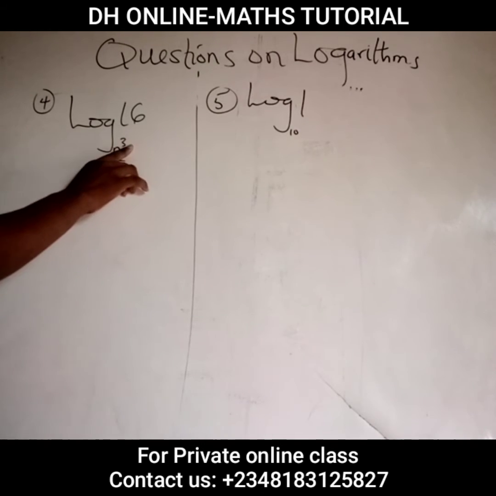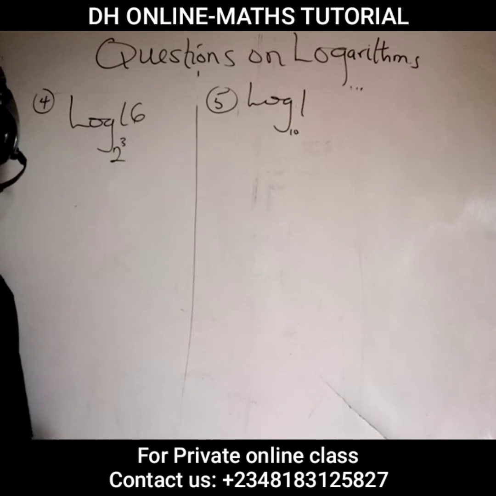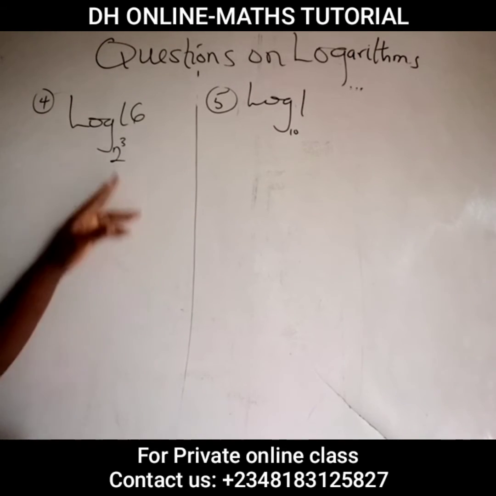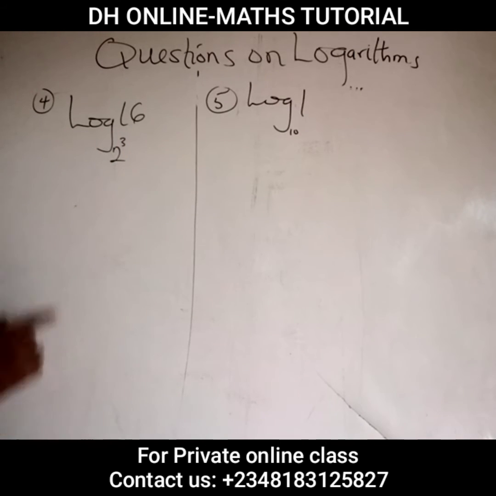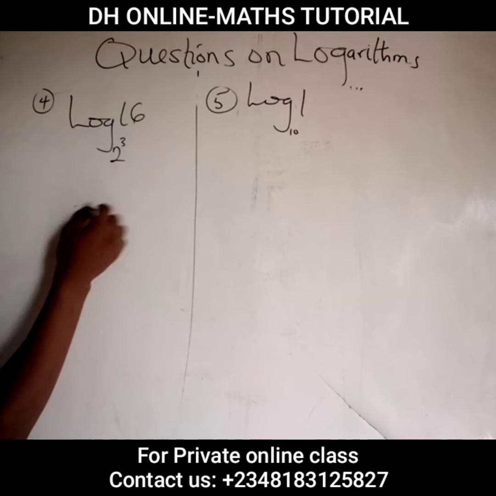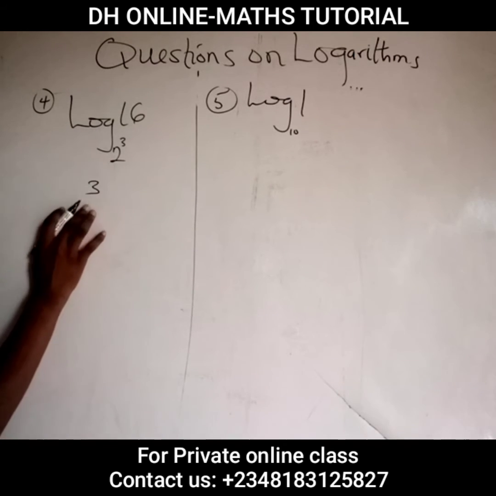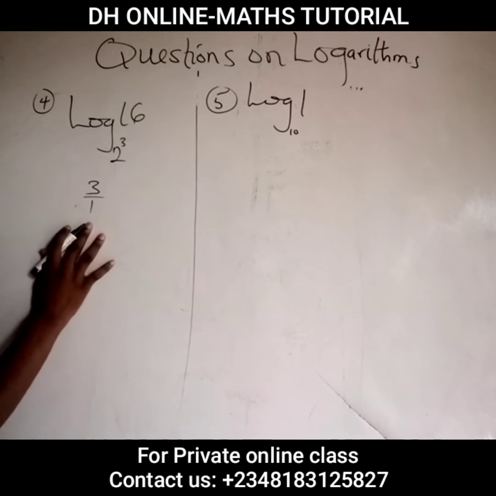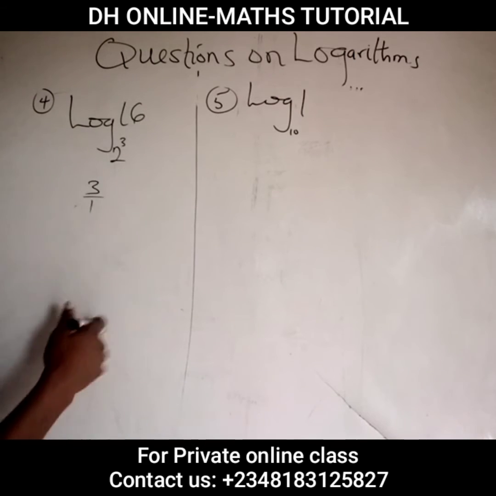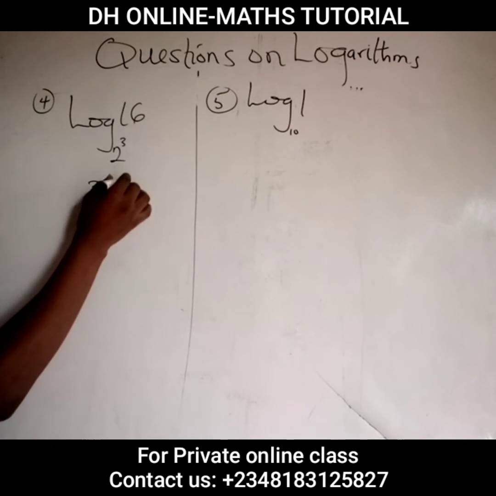So what happens here? This power that is on the base, we will reciprocate. If we reciprocate it, then 3 here will become 1 over 3. That means when you reciprocate 3, literally when we have 3, there is 1 under it, which is the same thing. 3 divided by 1 still gives you 3. So the reciprocal of 3 is 1 over 3.